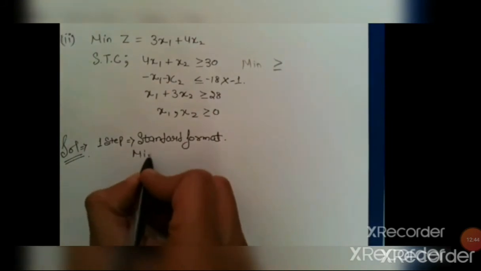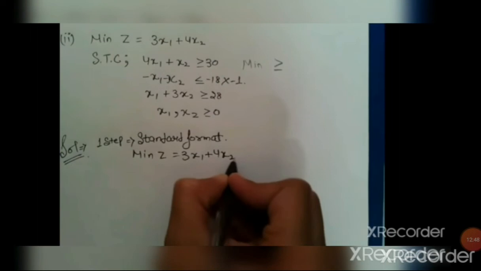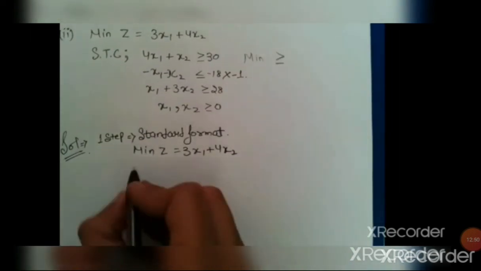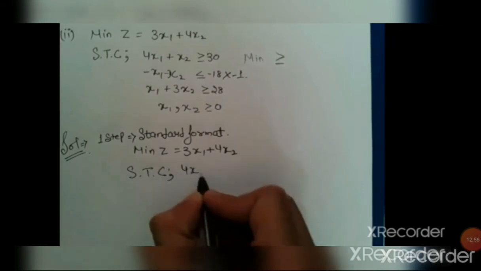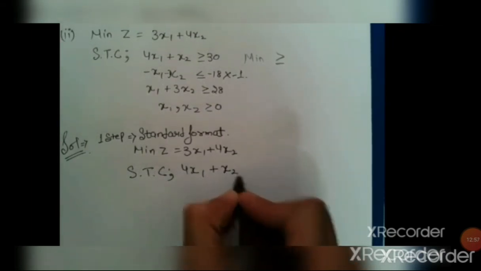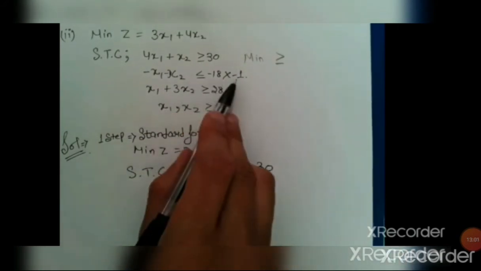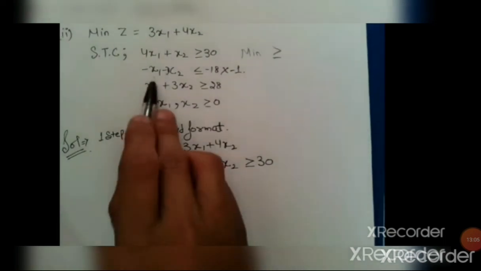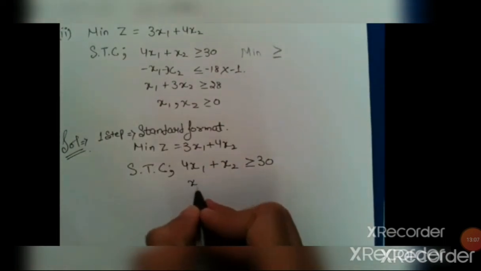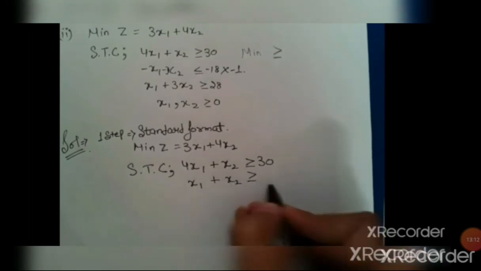So first, standard format: minimize z equal to 3x1 plus 4x2, subject to constraint 4x1 plus x2 greater than or equal to 30. Then the second, multiply with -1, so x1 plus x2 greater than or equal to 18.